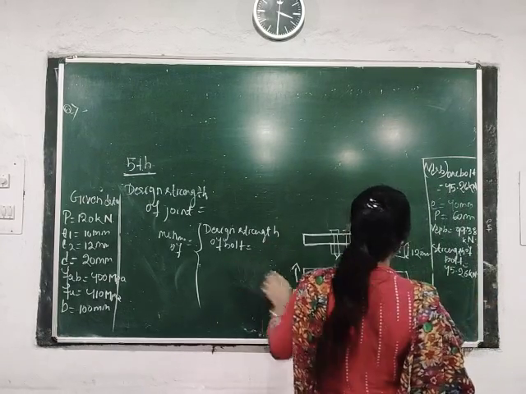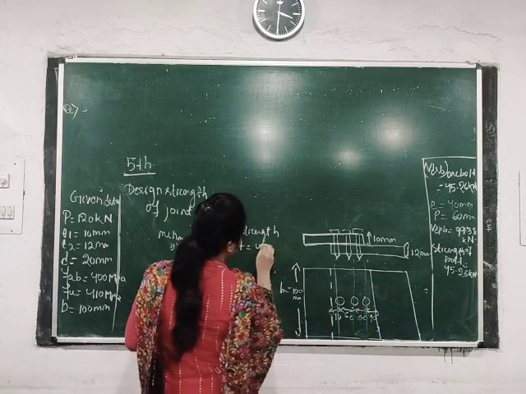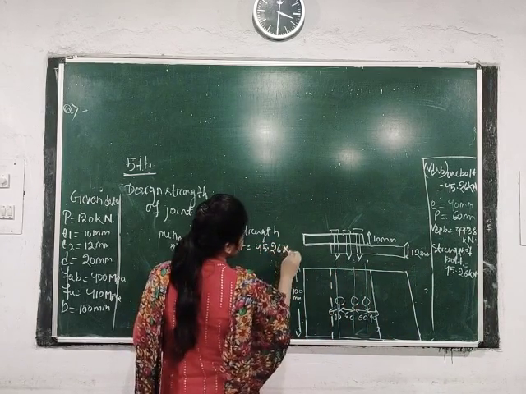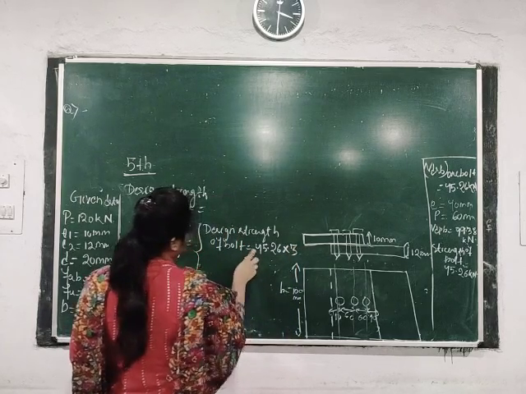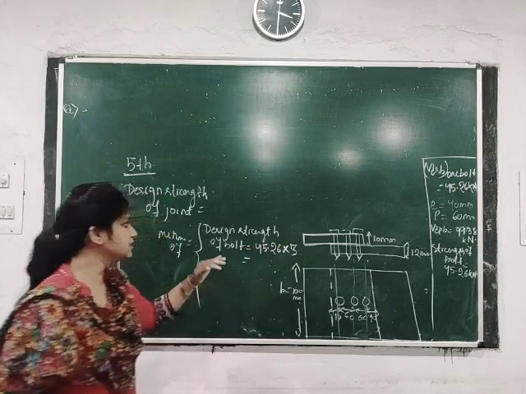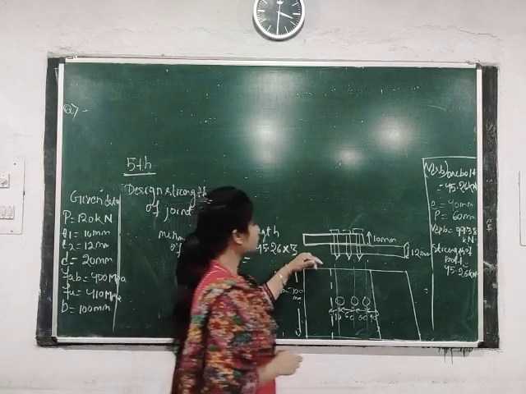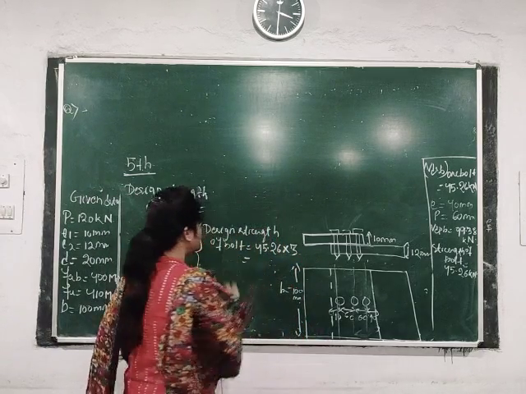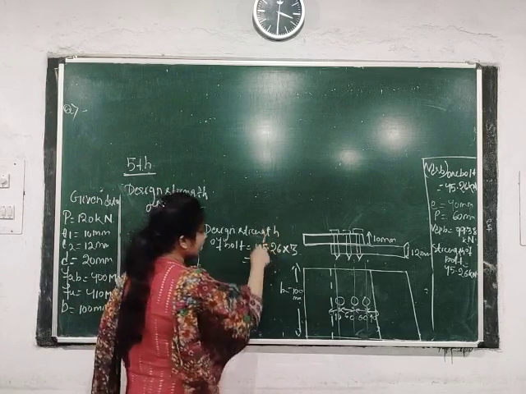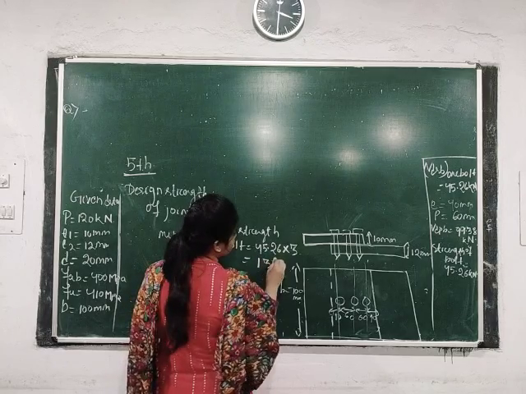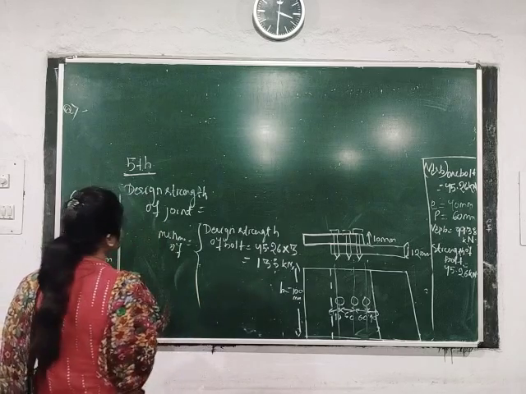So, the design strength of bolt at the joint will be 45.26 into 3. This 45.26 is the design strength of one bolt only, but we designed that 3 bolts are required. This value comes to 135 point something.